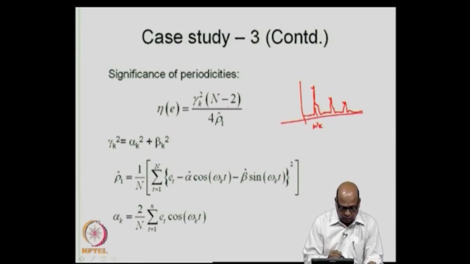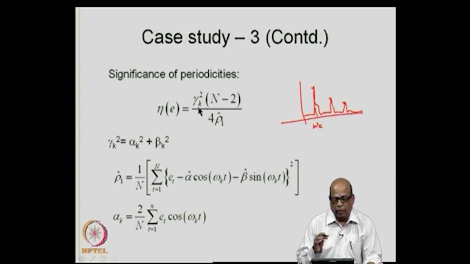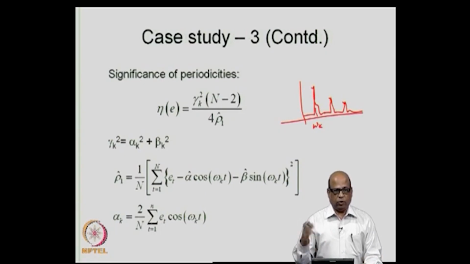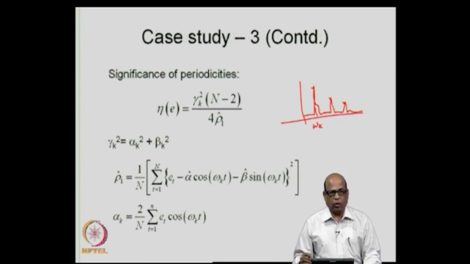So, this test is carried out for one periodicity at a time. You pick up the first periodicity, examine whether that periodicity is still present in the residual series, then go to the next periodicity, examine whether that is still present in the residual series, and so on. Like this, one after the other you carry out the tests for the periodicities.